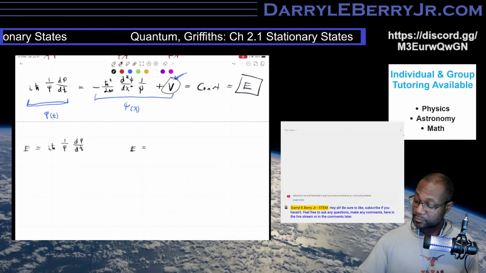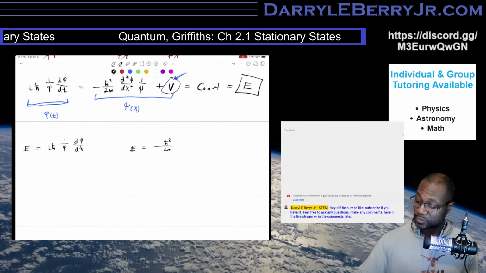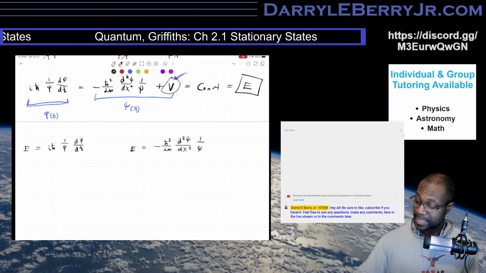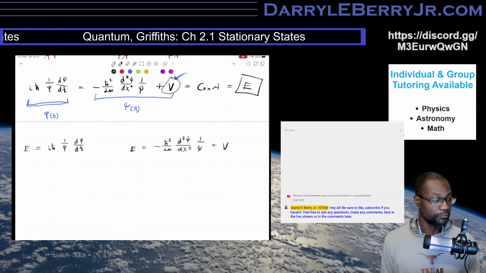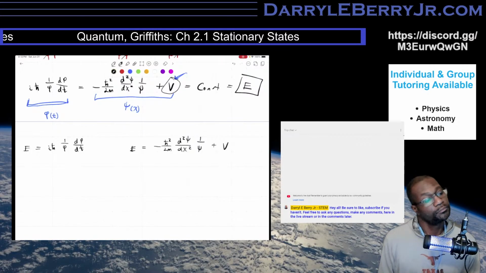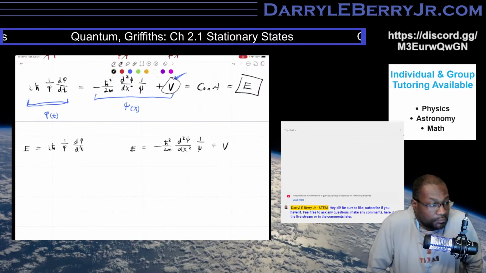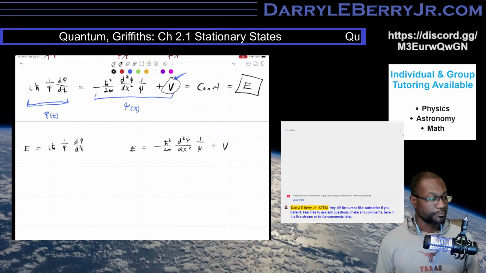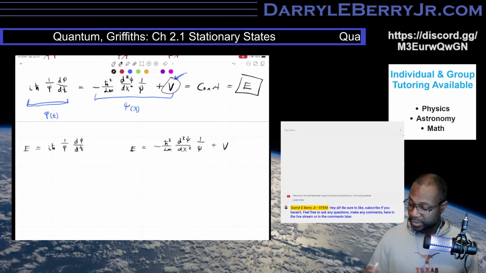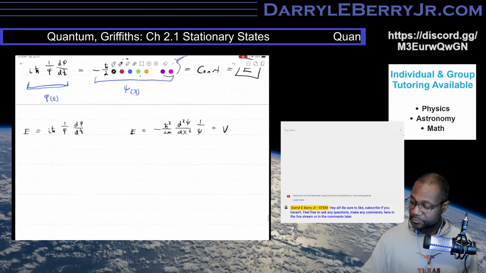E equals negative h bar squared over 2m d squared psi over dx squared 1 over psi plus V. So here we can go ahead and simplify this a little bit.